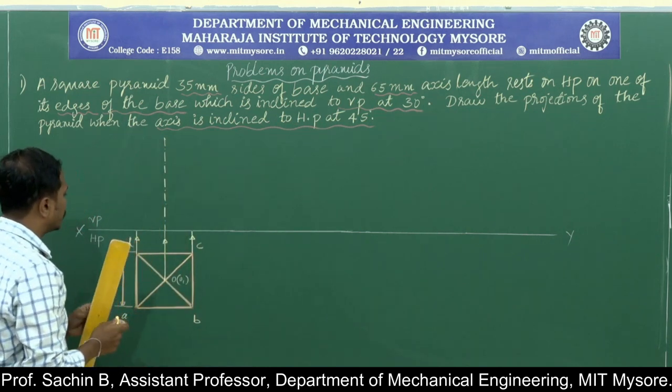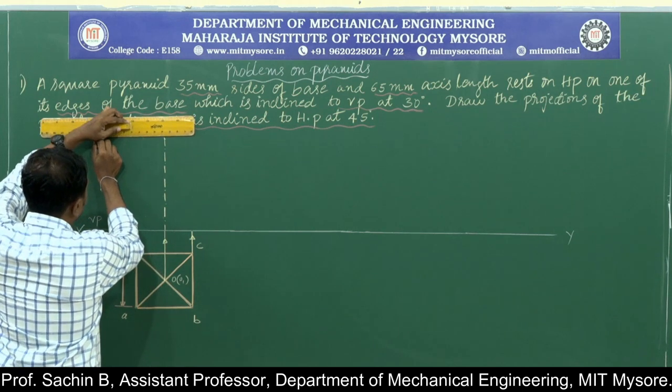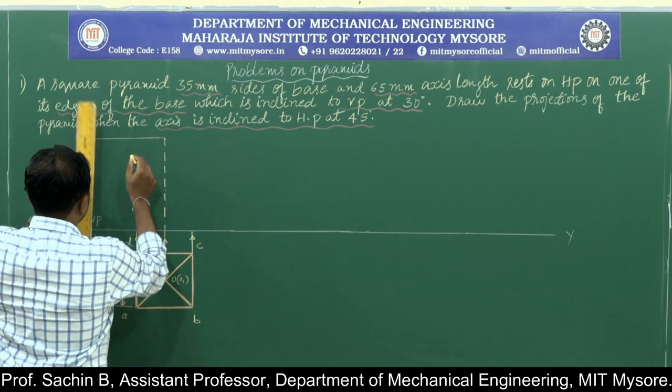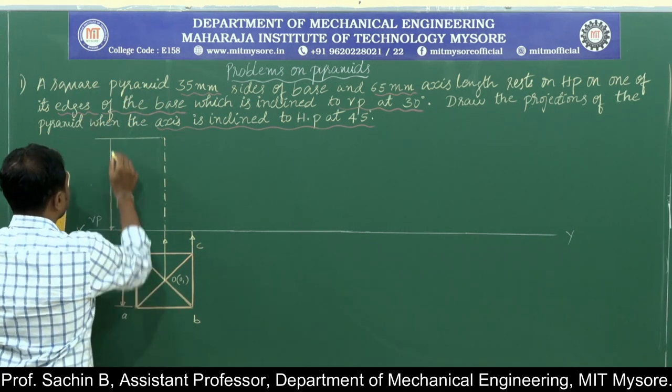Okay, this is the axis. If I write the length of the axis, it will be 65 millimeter.